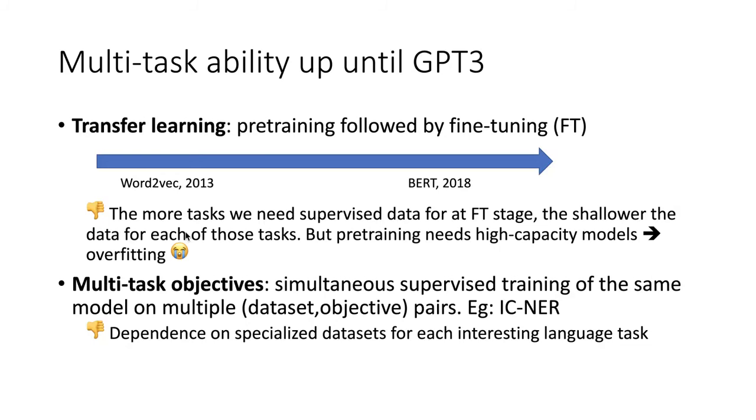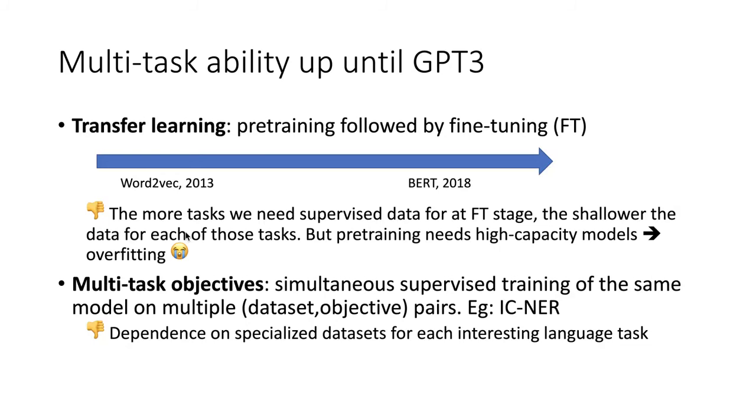When you use that super high capacity model with tons of parameters in the fine-tuning stage, you risk overfitting, because fine-tuning typically requires supervised data, and typically you don't have that much. So when you apply a high capacity model to comparatively little data, you run the risk of overfitting. That's one downside of this approach.